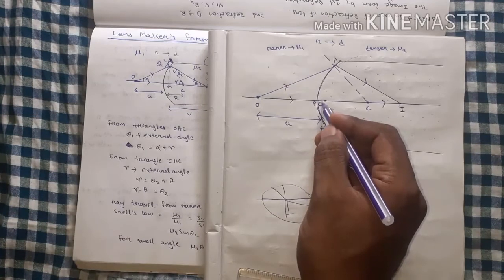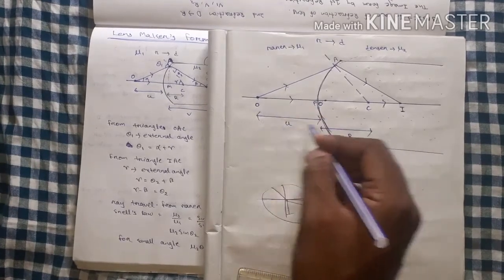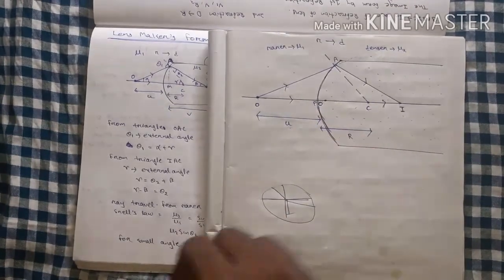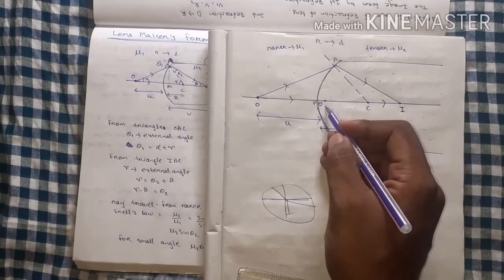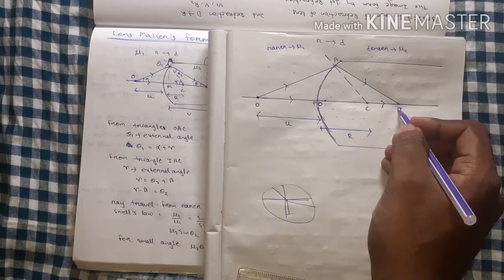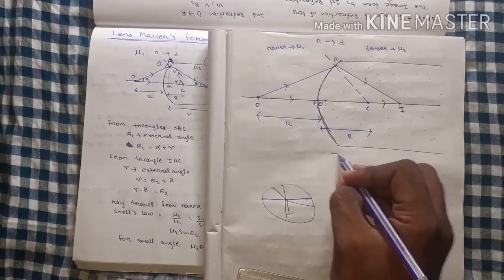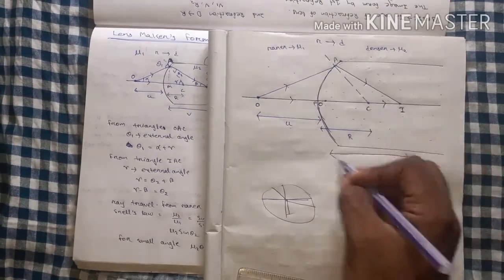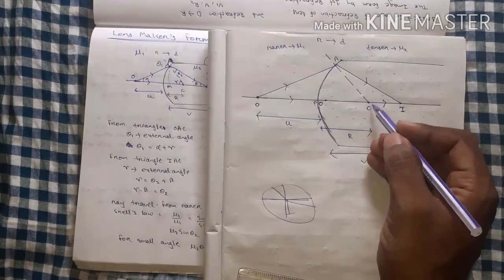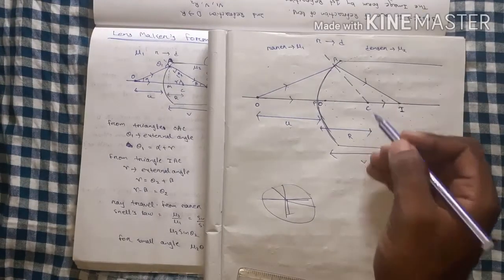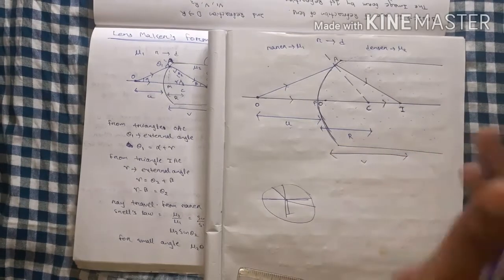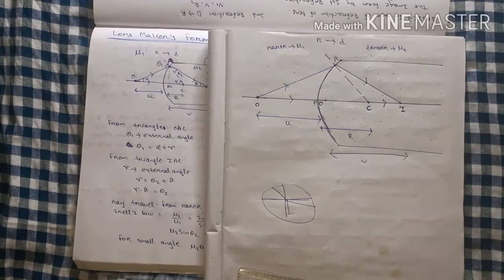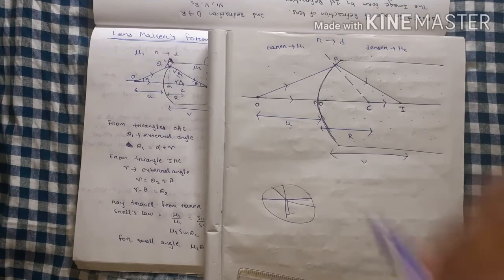The distance from the optical center to the position of the image is v. This is the center of curvature, and r is the radius of curvature. Understand? Then listen carefully.